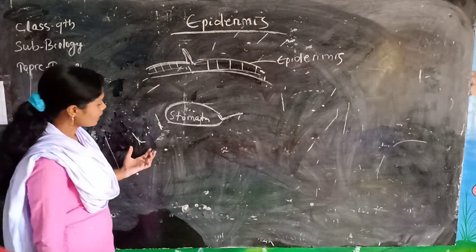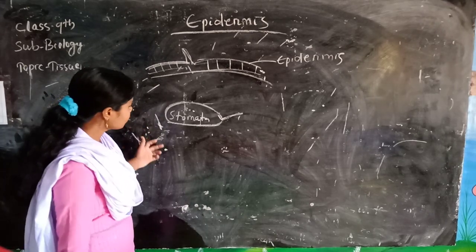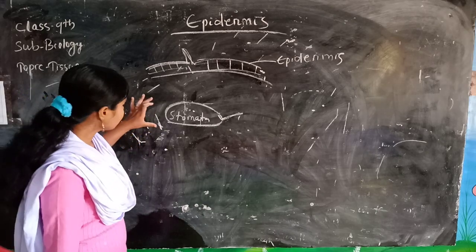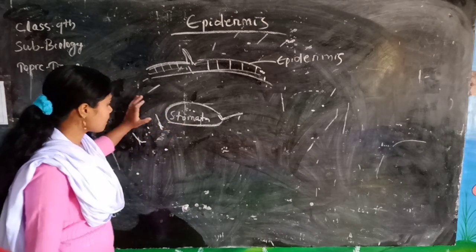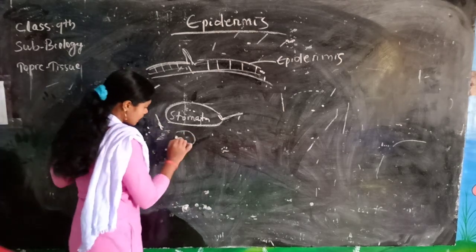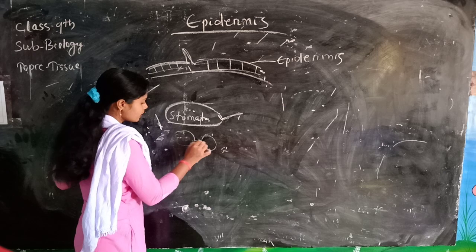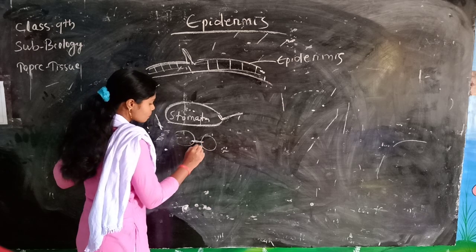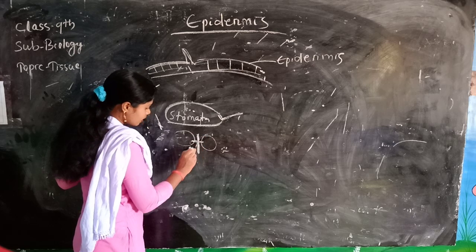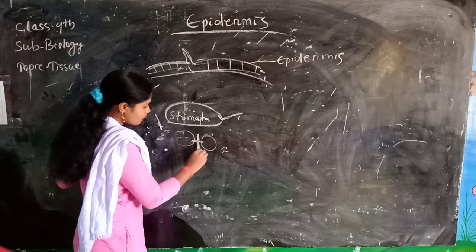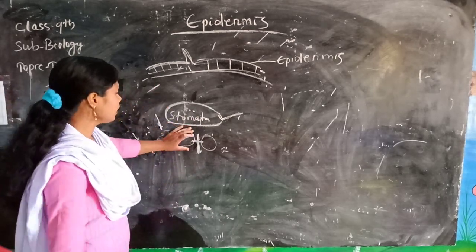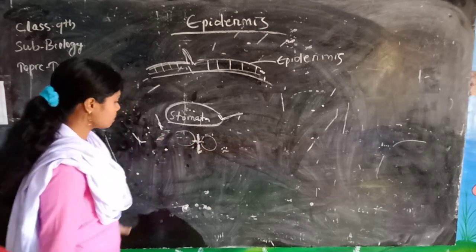Transpiration means water is converted into vapor form and released from the leaf, and all transpiration happens through the stomata. Stomata consist of two kidney-shaped cells, that is called guard cells, and in between the two guard cells a small pore is present. With the help of this pore, water and gases are released from the leaf of the plant.